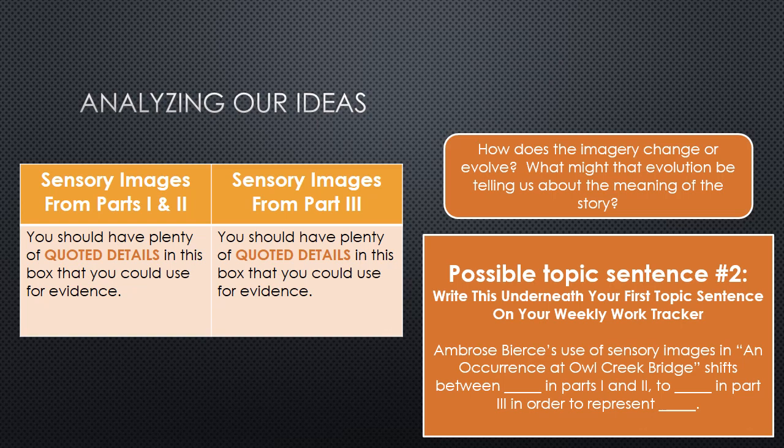So the sentence that I'd like you to fill in is this: Ambrose Bierce's use of sensory images in An Occurrence at Owl Creek Bridge shifts between blank in parts 1 and 2 to blank in part 3. You can pick words from the bottom part of your worksheet for that if it's appropriate. And then you need to go on in the sentence to answer this part: in order to represent blank. So in order to represent that blank spot should be, well, what is that meaning that it's representing?